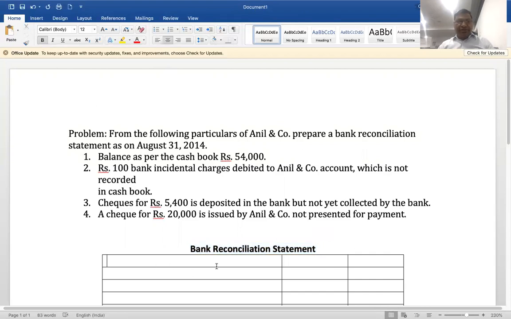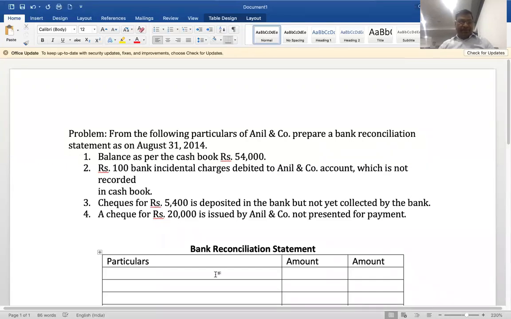Then you take three columns. What is the first column? Particulars, where you write the details. Then the amount column: an inner column for the amount and an outer column for the amount.